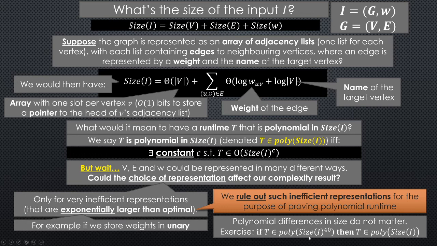So raising size of the input to the 40 doesn't actually change anything meaningful, right? So in fact, I think you can show this if and only if. So I encourage you to try doing that. You can prove this both directions, and you can argue to yourself that polynomial differences in input size don't matter from the perspective of the question, is my algorithm a polytime algorithm or not?